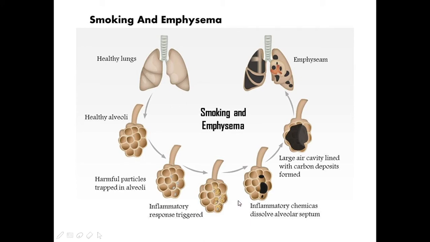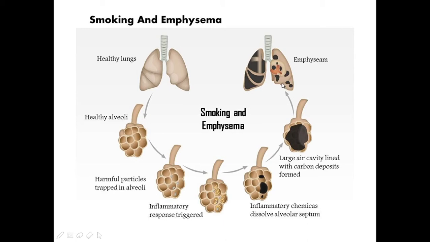So prolonged smoking will increase the deposition of chemicals in the very thin and vulnerable walls of the alveoli. Eventually, the thin walls of the alveoli are destroyed, and so the alveoli are now damaged.